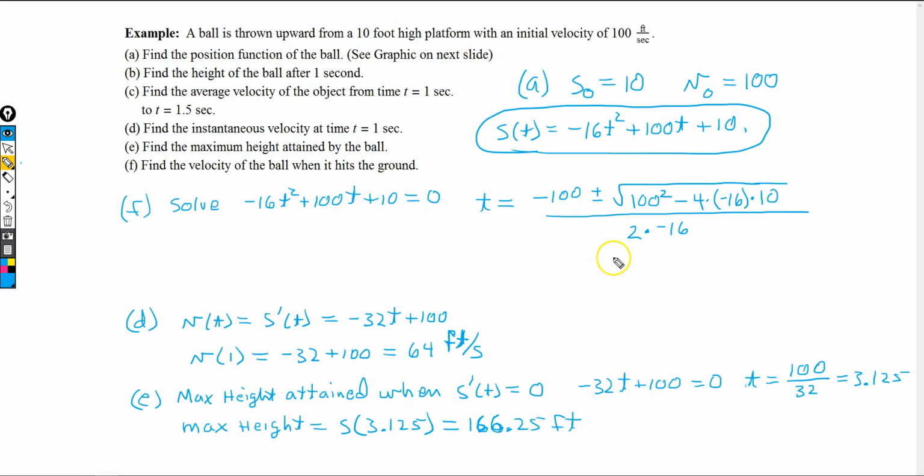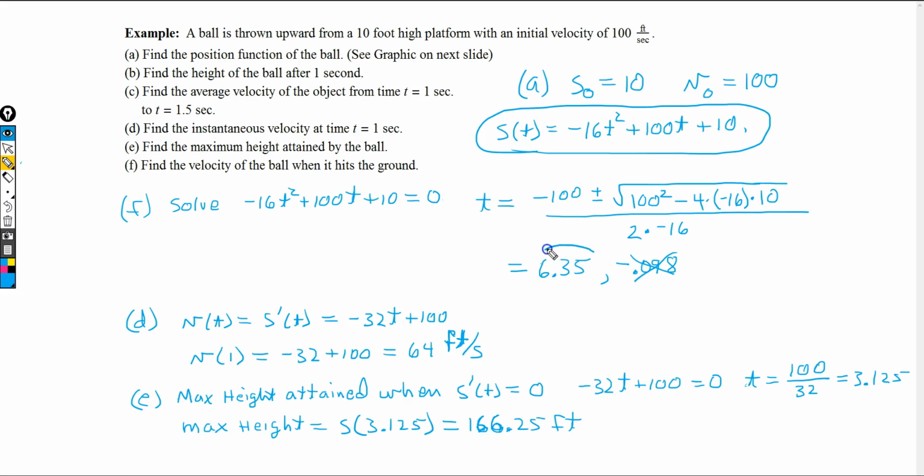Now, when you solve this equation for t, you're going to get 6.35 approximately and negative 0.098. Now the negative 0.098 comes from the ball actually sort of going backwards in time. Remember, you're throwing the ball upward, and if it were to actually go backwards in time, it would hit the ground. So this one we can throw away. That's just an extraneous solution.